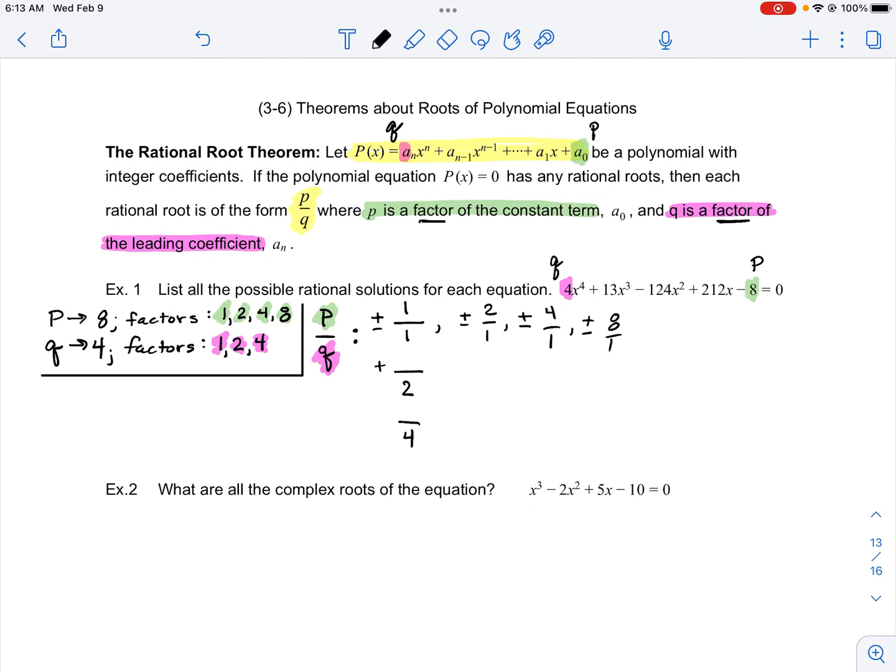Then we'll go to our second possible denominator, which is a 2, and we need to build those exact same numerators. So now I have plus or minus a half. I have plus or minus 2 halves. I have plus or minus 4 halves.